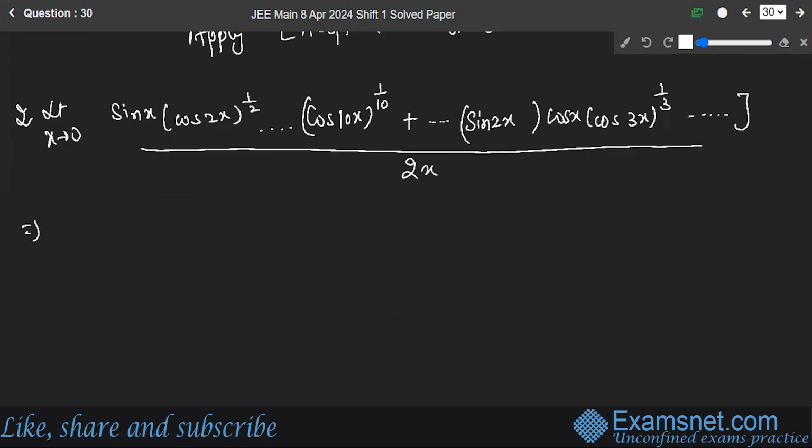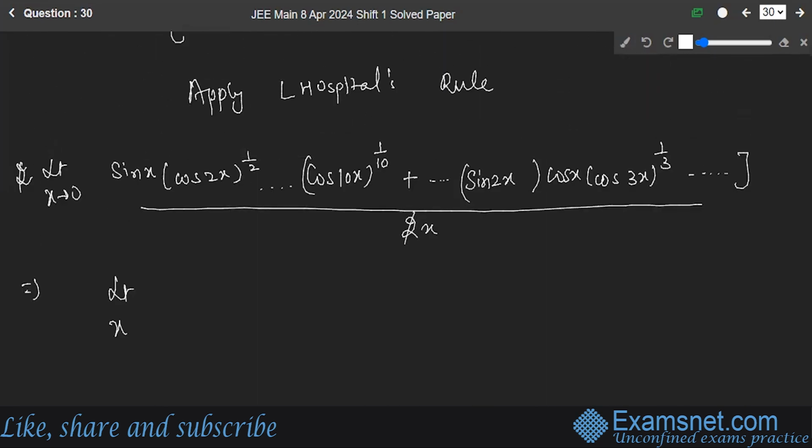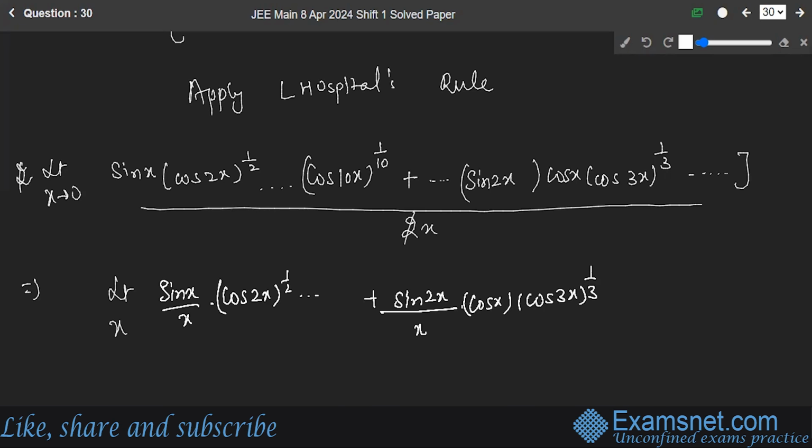Ultimately, what you will have is this will be equal to the limit, this 2 and this 2 will cancel, x approaching 0, and this will give you sine x upon x and the rest is cos 2x power 1 by 2 and so on, plus sine 2x upon x into cos x, cos 3x power 1 by 3, so on.